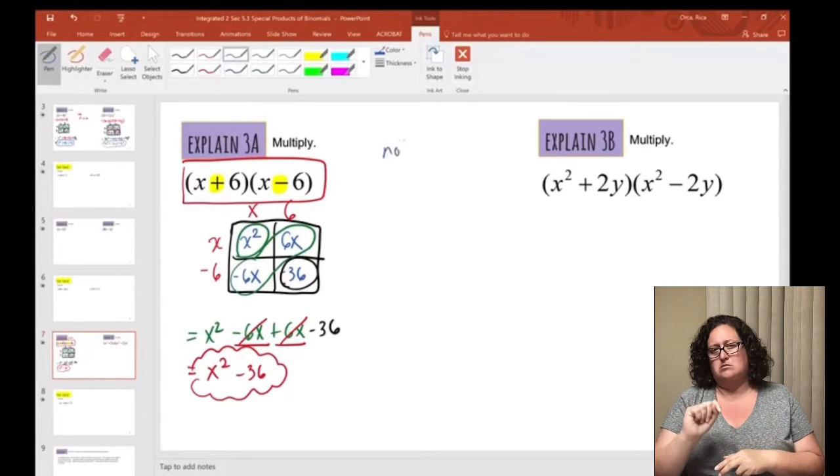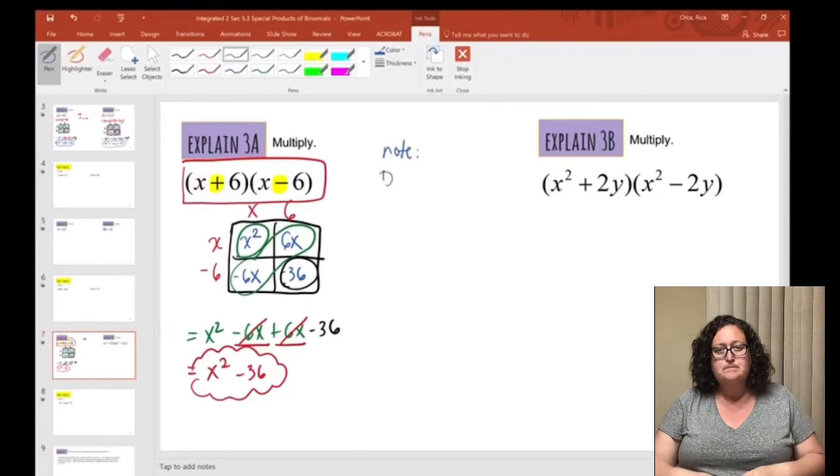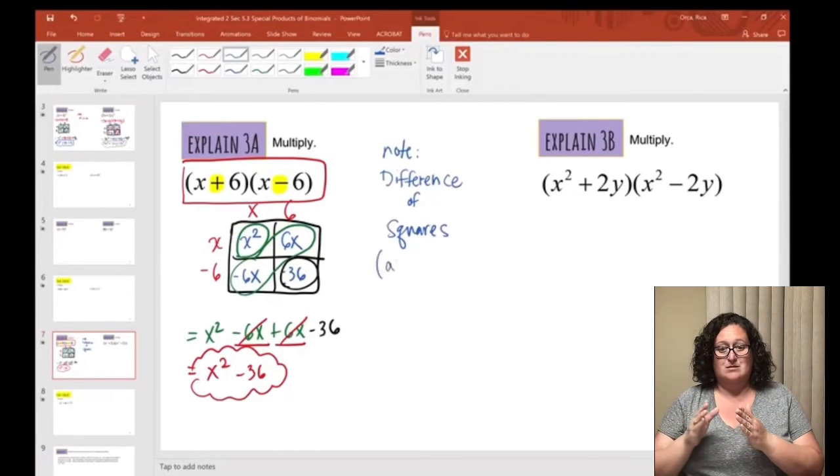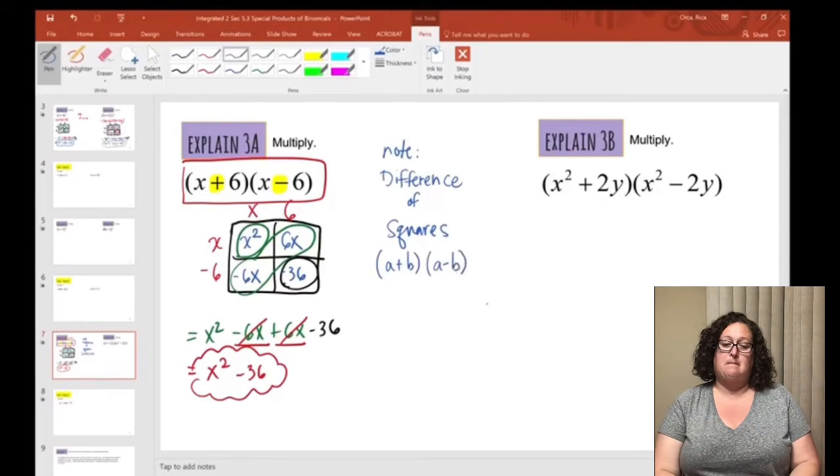And I'll go ahead and write it out. Difference of squares. And that pattern is a plus b times a minus b equals a squared minus b squared.